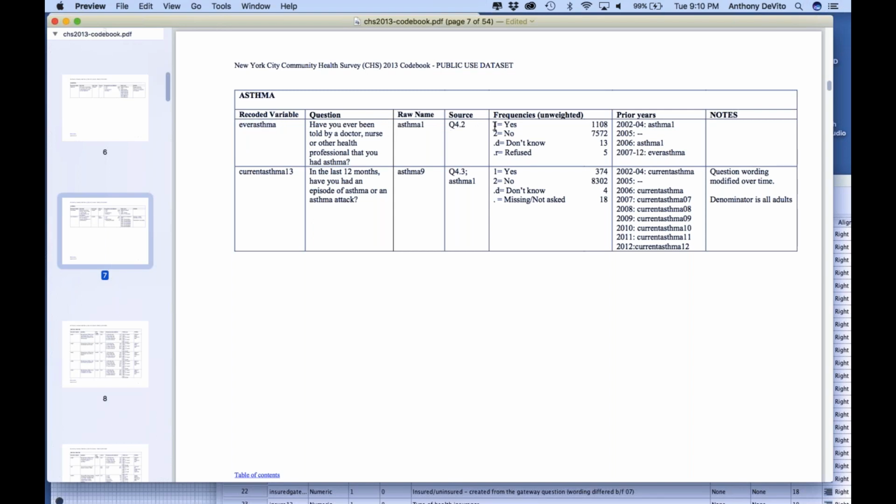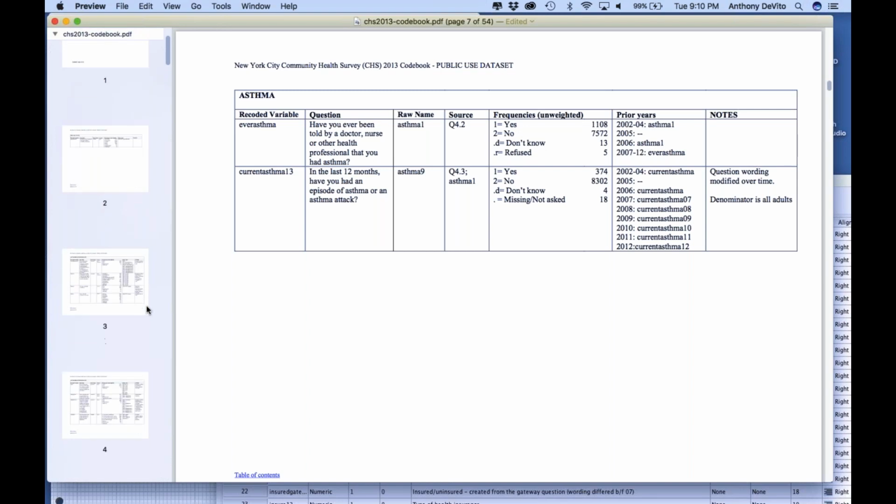And the answers, 1 represents yes, 2 represents no. Everything else is basically just the missing value. So this is a particularly interesting variable, because when we have a categorical variable with only 2 values, yes and no, we're going to have the opportunity to do chi-square and odds ratio and relative risk along with the chi-square. So that's of particular interest.